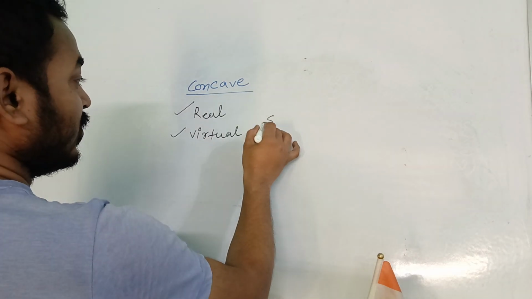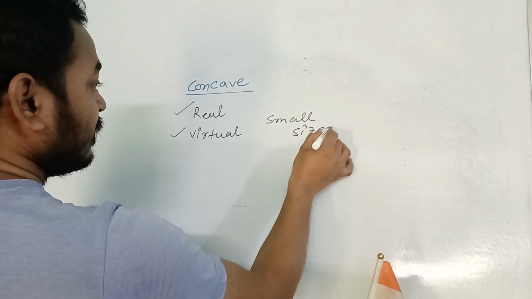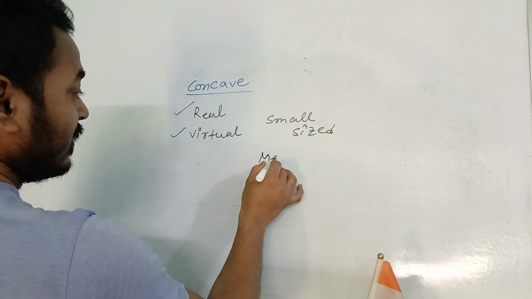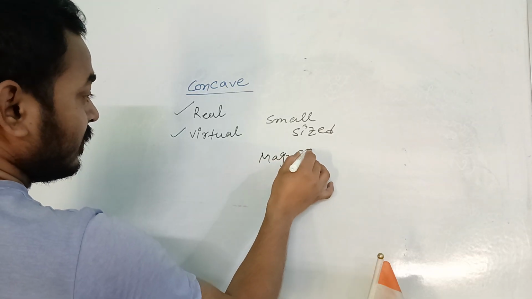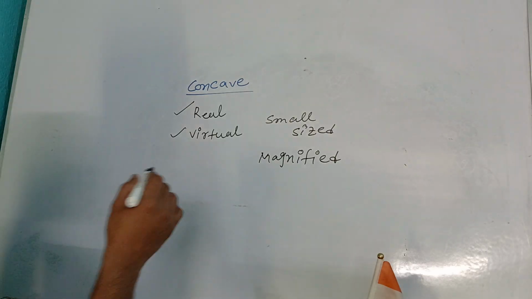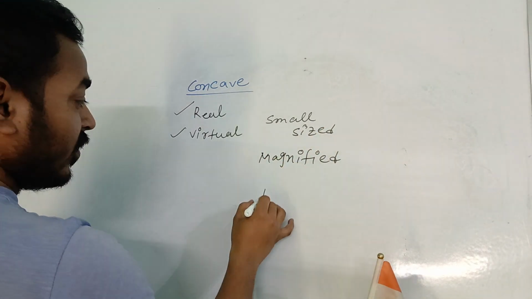Sometimes we get a small-sized image, sometimes magnified, sometimes highly magnified, and sometimes point-sized.